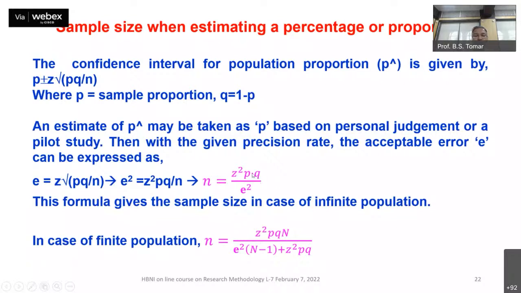You can also write Q as 1 minus P. This formula gives the sample size in case of infinite population. For a finite population, you introduce the term N minus 1, like in the previous exercise. This is the formula for finite population.